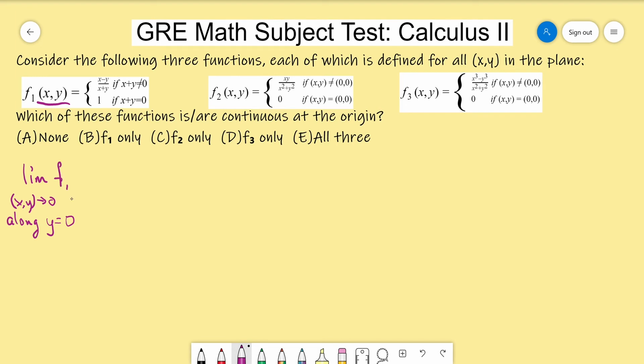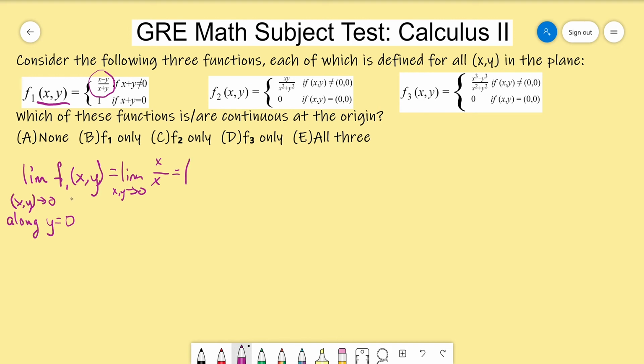Well, if we put y equals 0, then we get x over x, so the limit as (x, y) goes to 0 of x over x, which is 1.